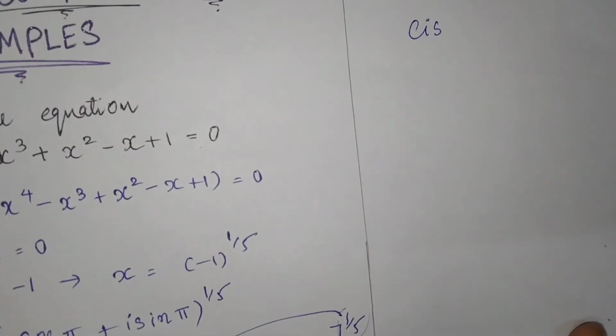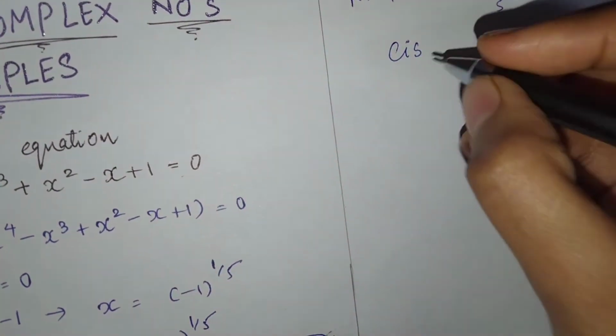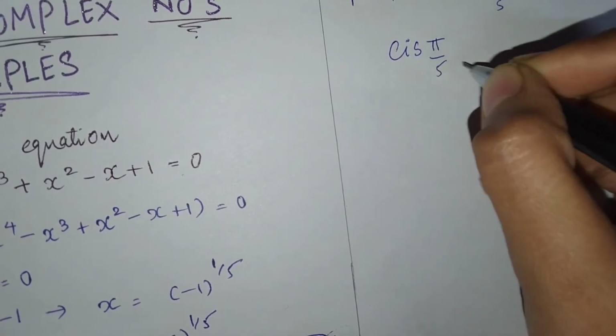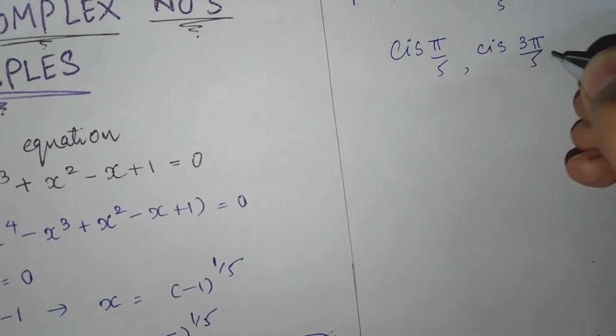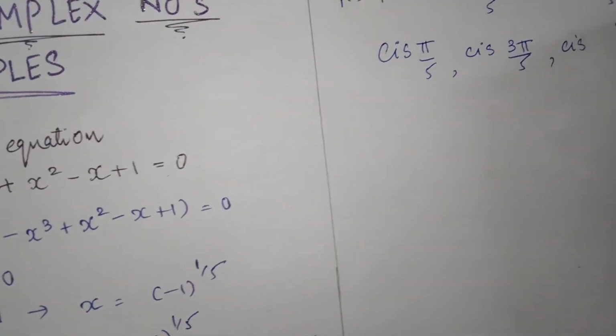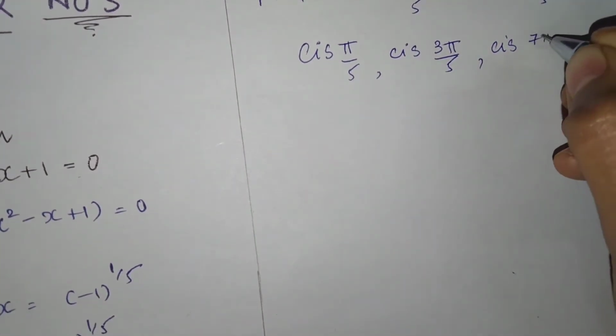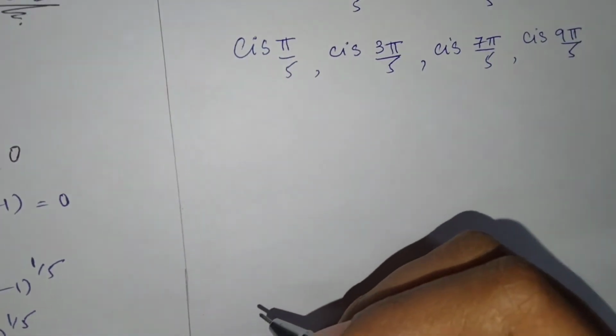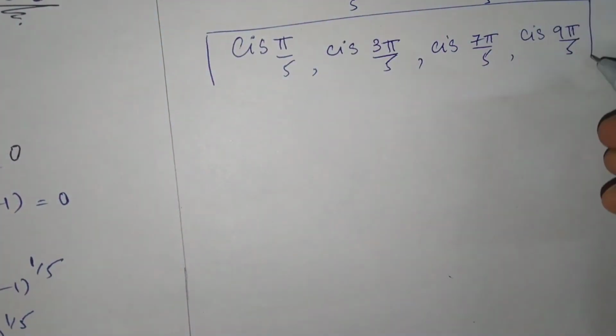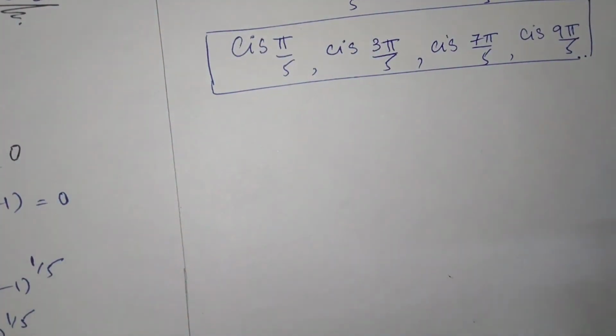Okay. In short, we can write it. So we get cis pi by 5, cis 3 pi by 5, cis 7 pi by 5 and cis 9 pi by 5. Okay, so this is the answer of this question.